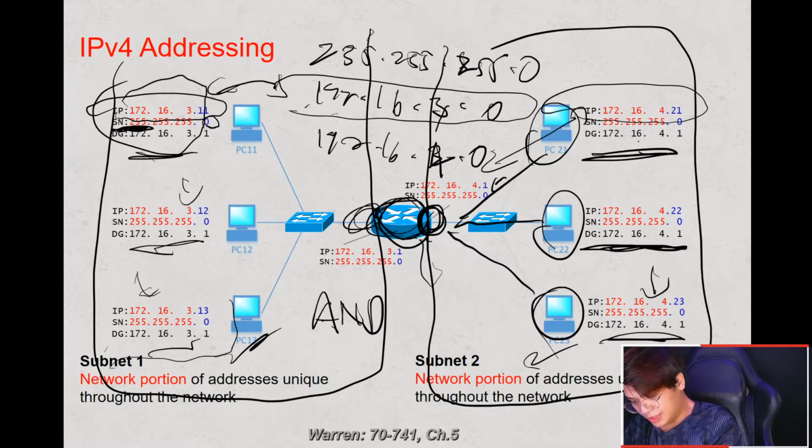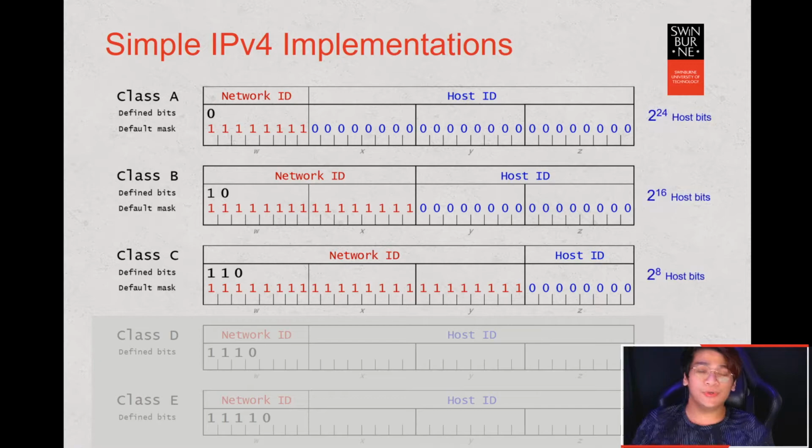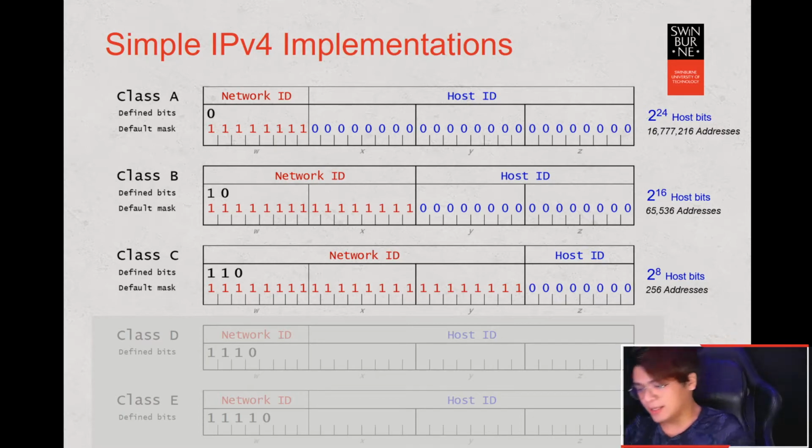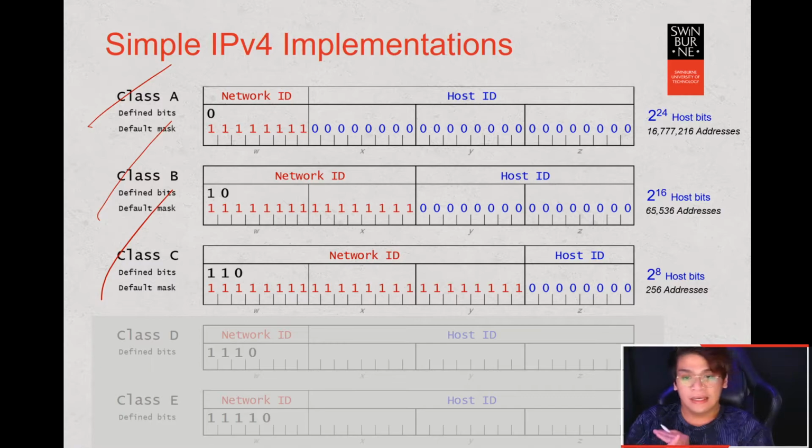Okay, let me change my color back to red. In earlier days, you could only purchase three types of IPv4 network addresses, which are Class A, Class B, and Class C. Class A had 8 network bits over here.